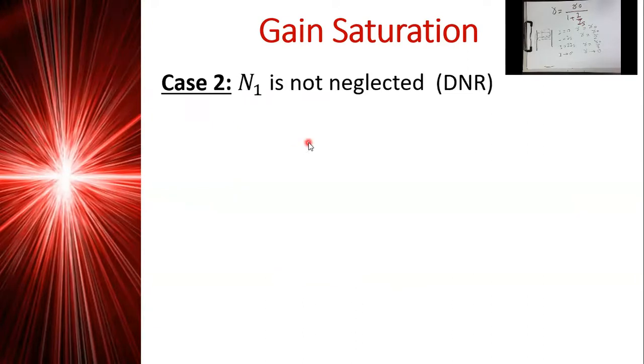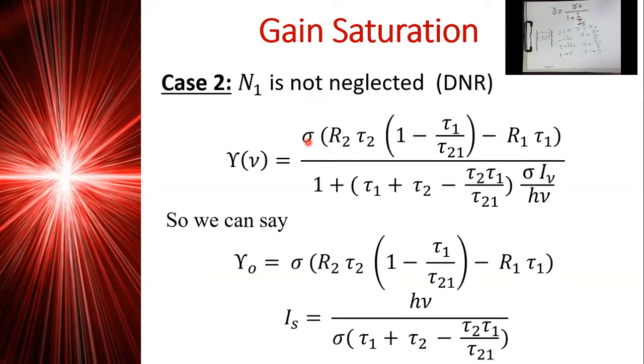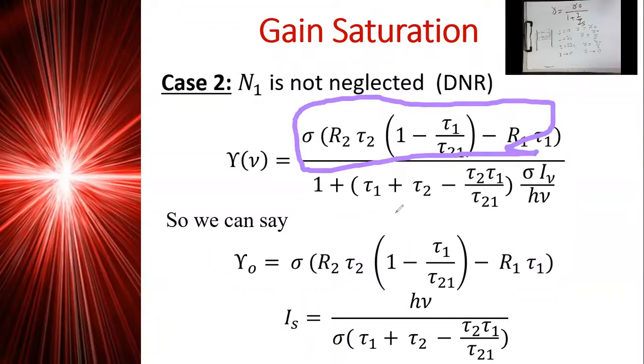However, if you do the same procedure and calculate gamma, you will find that gamma will have the same look. Gamma equals gamma node, but now gamma node is a very large term, over 1 plus I over IS, typically the same. Let me use my pen to clarify. So all this term is gamma node, and all this term is IS.